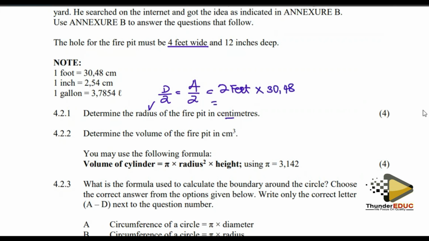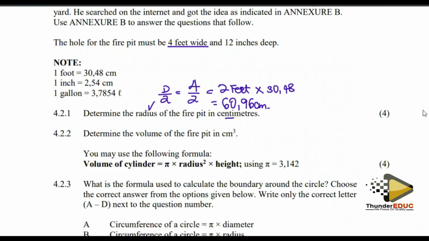The answer becomes 60,96. Don't forget the units. These are centimeters. So our radius is 60,96 in centimeters. Our radius is that much.